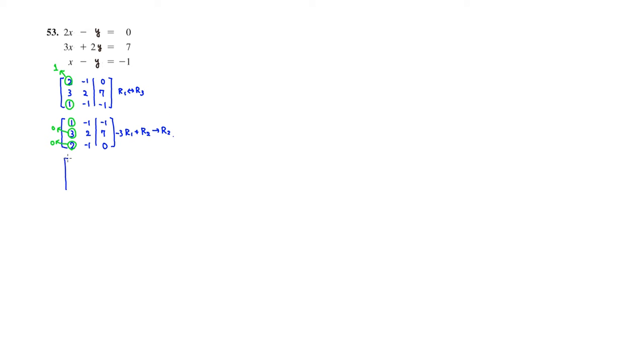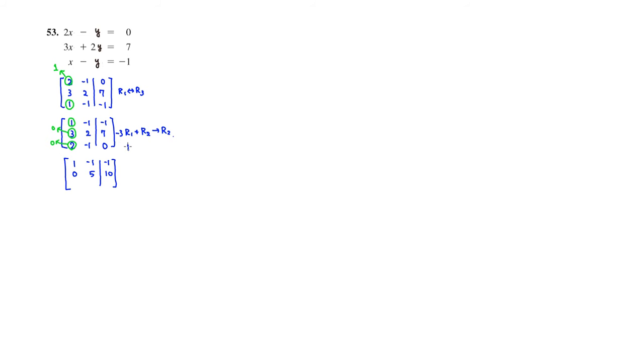So we haven't changed the first row. Row 1 stays the same, 1, -1, -1. We multiply 1 by -3, add it to 3, so you're going to have 0, which is what we wanted. Then -1 times -3 is +3, add it to 2, so you get 5. Then you have a -1 times -3, +3, added to 7, so you get 10. Now we want to turn 2 into 0.